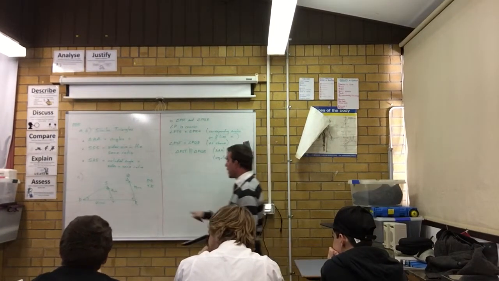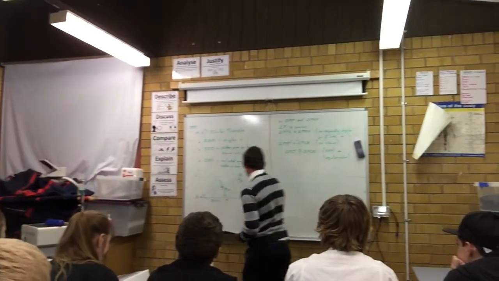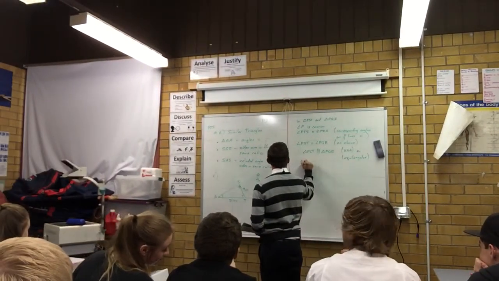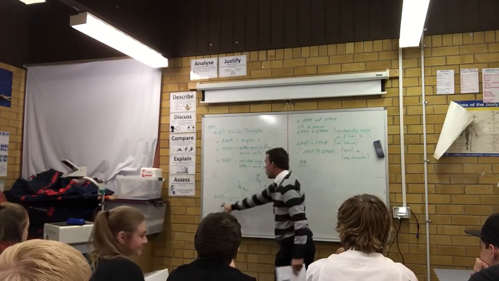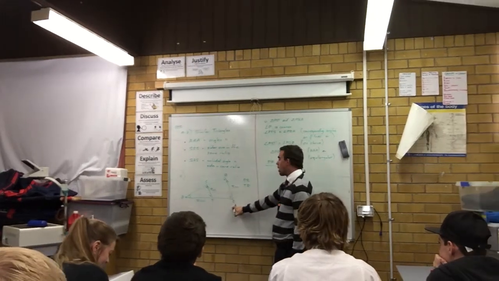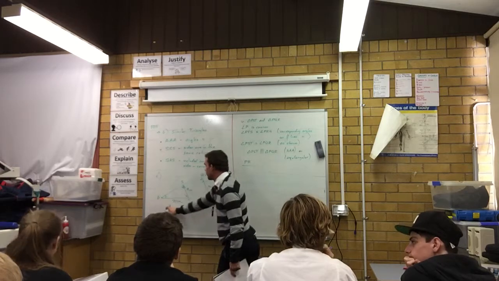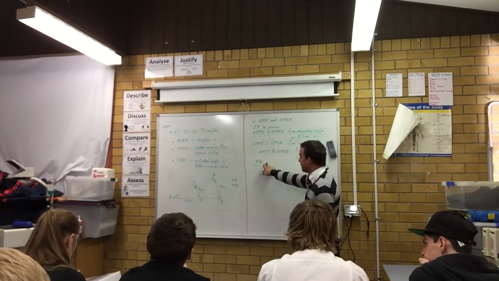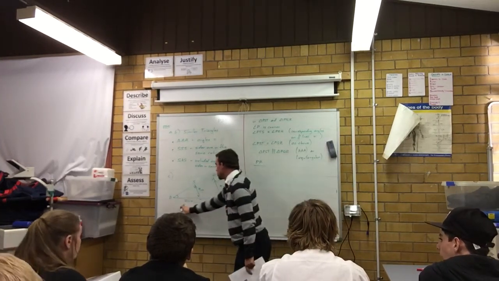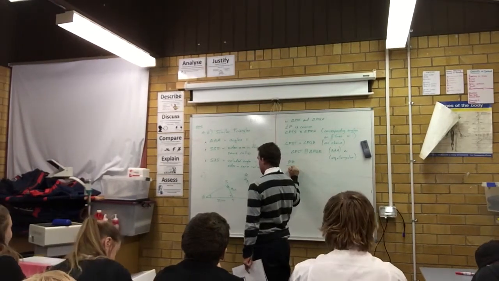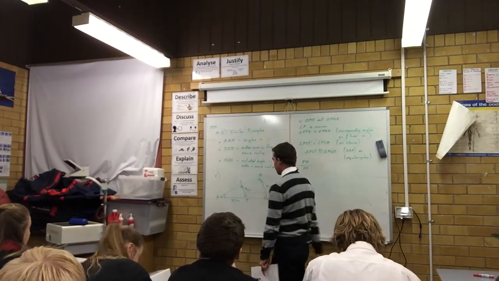So we need to find the value of PR, which is the overall length. So we write some ratios. The long side over the matching side of the other triangle. We've done the big triangle first because that's my variable, over the shorter side, PT.